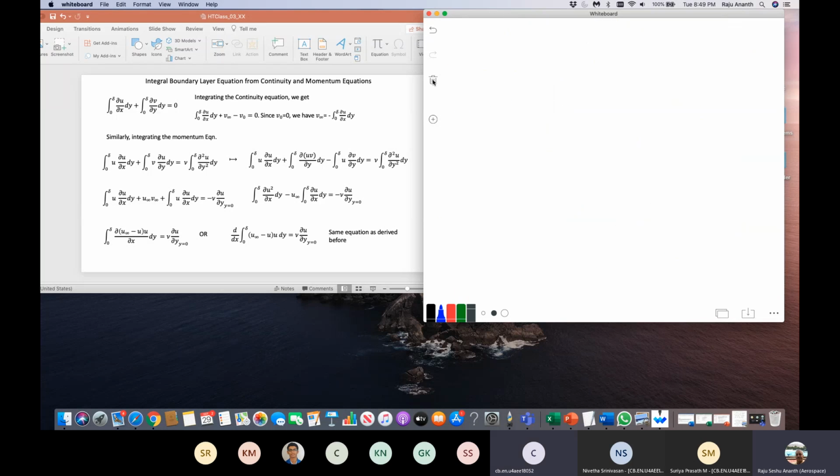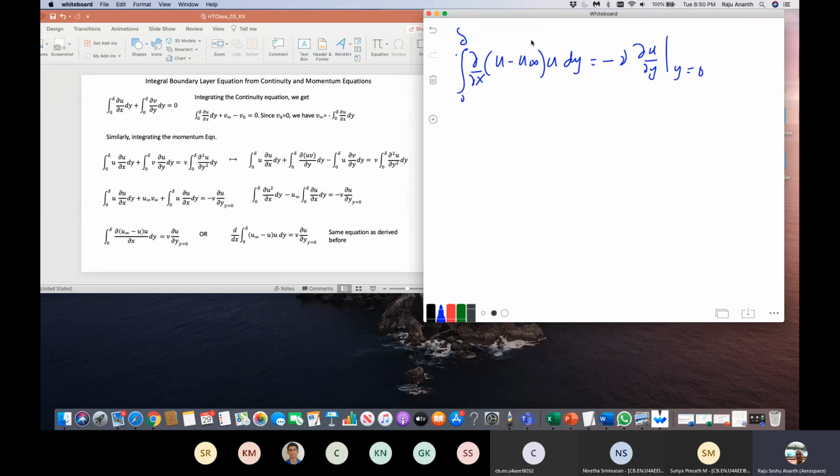I'm going to erase the whole thing. So I get the integral from 0 to delta of d/dx of u minus u infinity times u dy, is equal to minus nu du/dy at y equals 0. Okay, I change u to u infinity and bring the dx outside because it is a function of x, it's not a partial derivative.